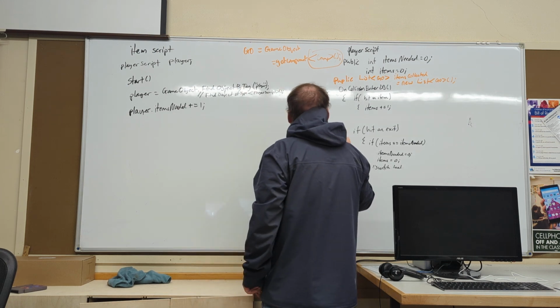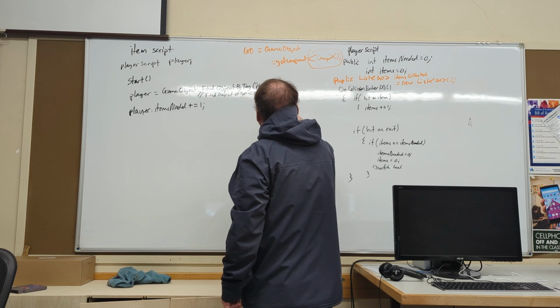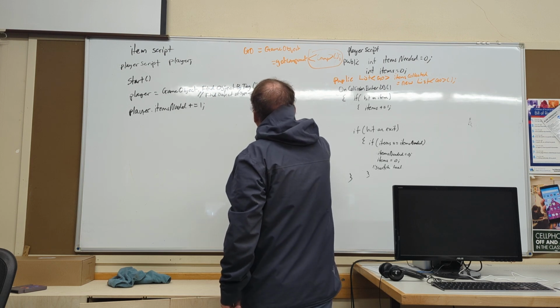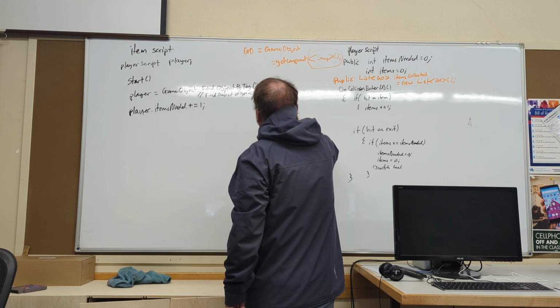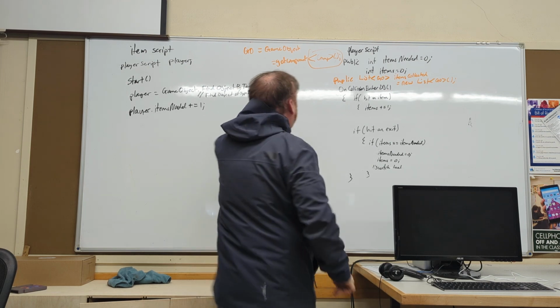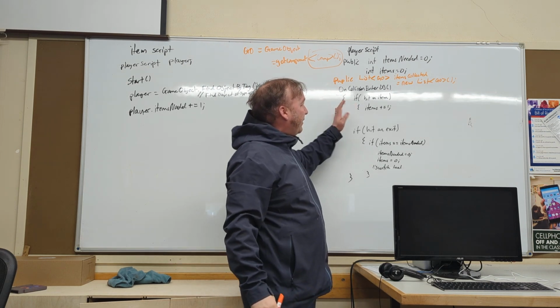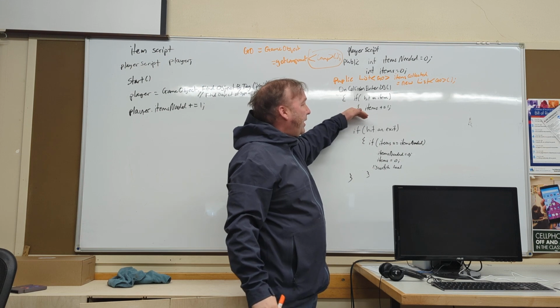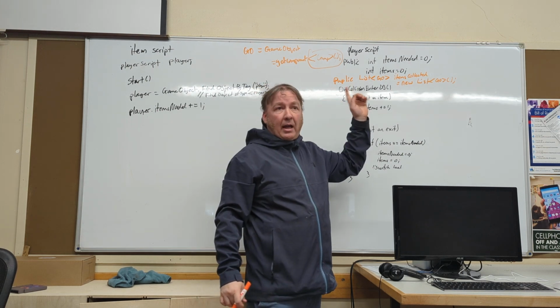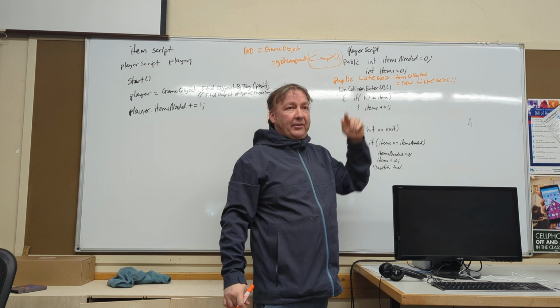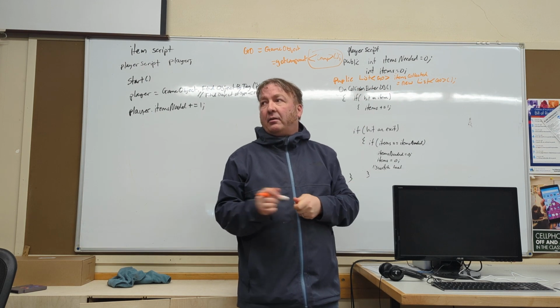Okay, and so then in our situation, we collect an item. So when that happens, this piece of code ran. So what do you think I'm gonna put here to add something to my list? Anyone wanna take a guess?